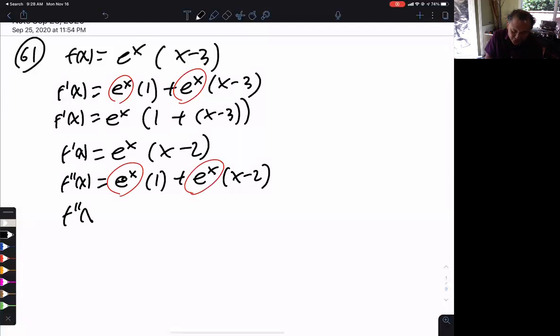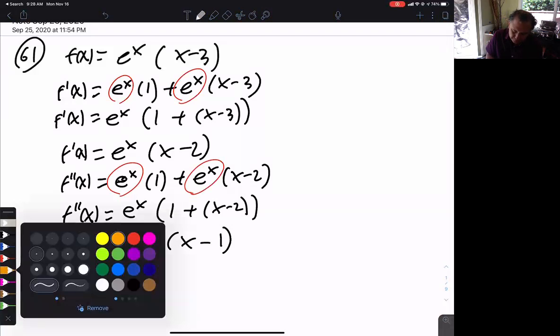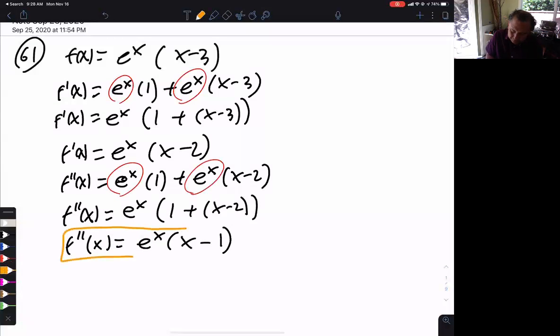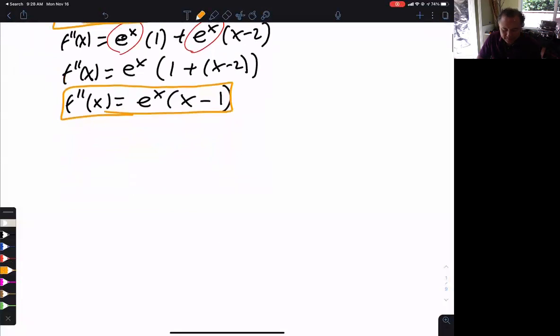So for the second derivative, I factor out that e to the x, I'm left with a 1 and an x minus 2. So what do we get? We get e to the x, x minus 1. Interesting. I will box those so we can see that. All right. Not so bad.